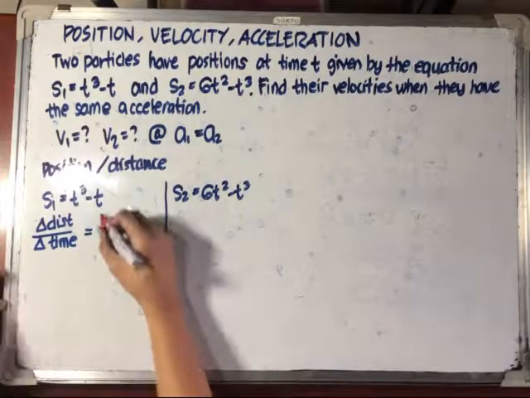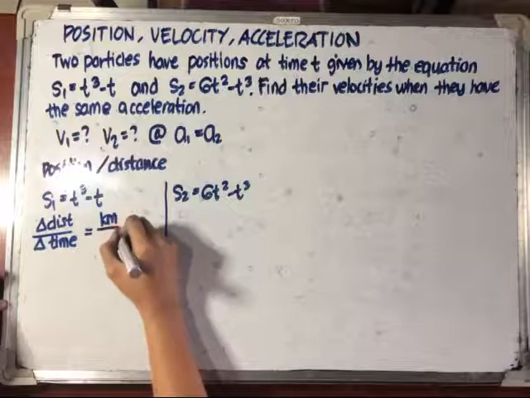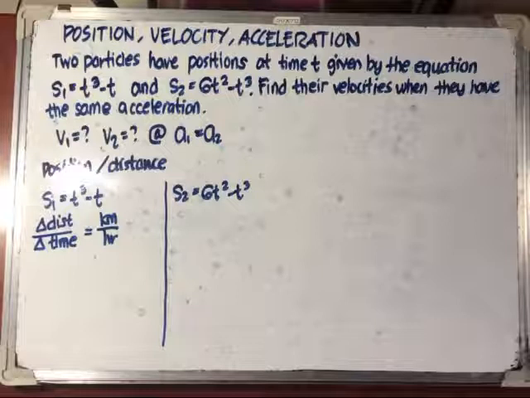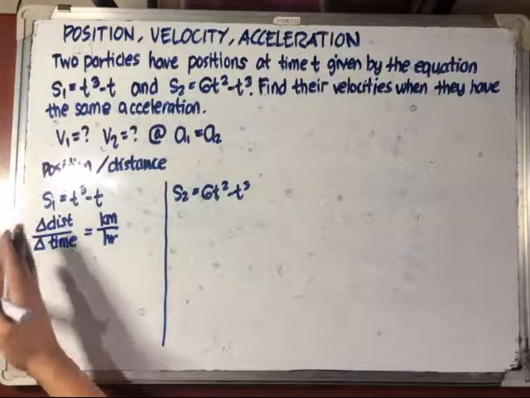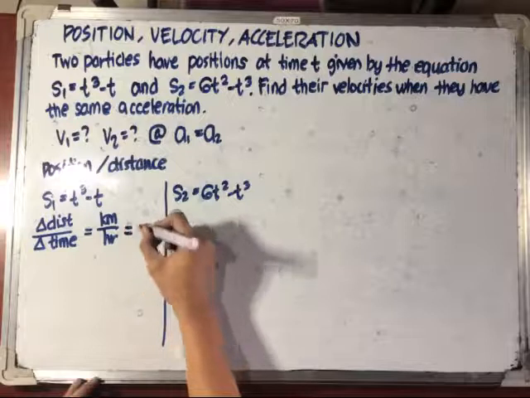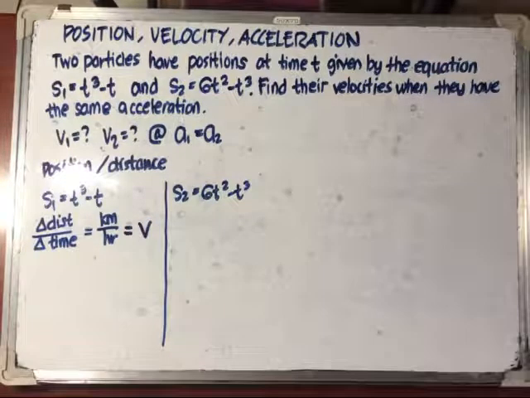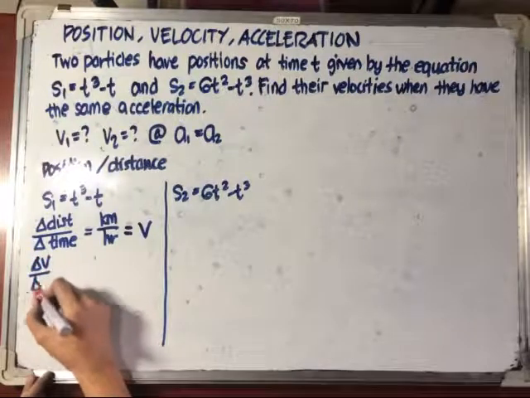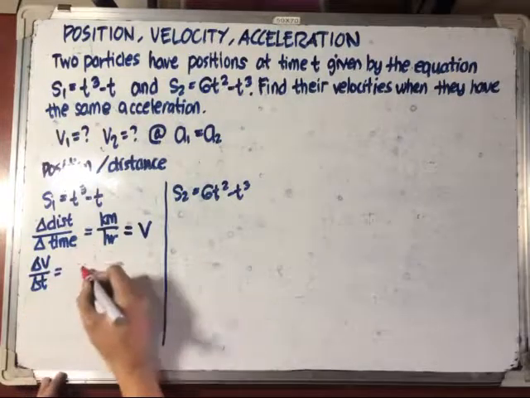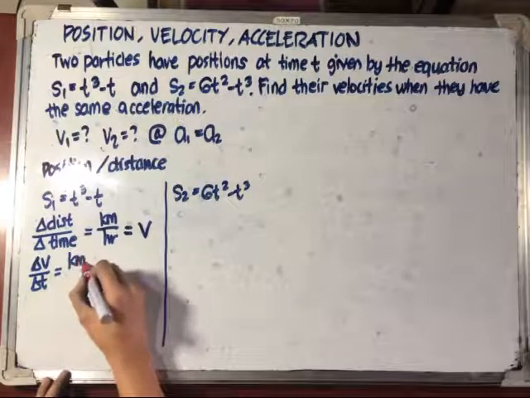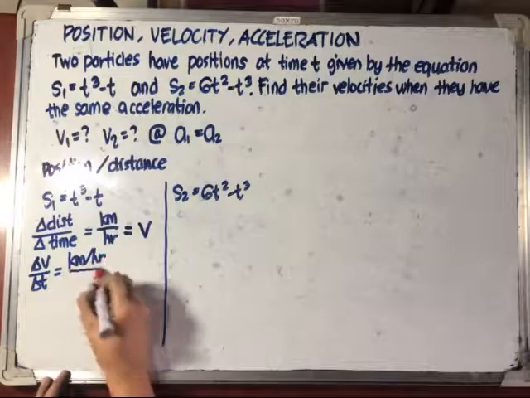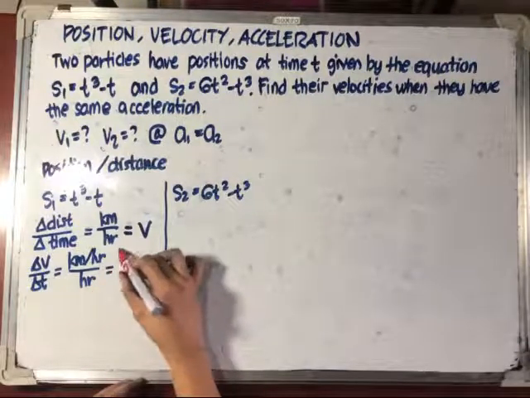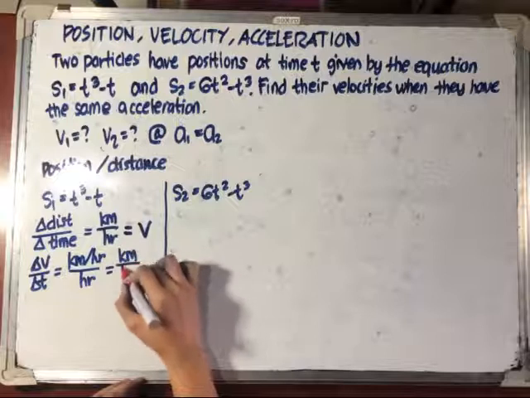Let's say, for example, I'll write it kilometer per hour. This is a unit of speed, right? So, therefore, ang change in distance over change in time, that is represented by our velocity. Also, the change in velocity over change in time, halimbawa lang ha, meron tayong kilometer per hour velocity over hour, that would be kilometer per hour squared.